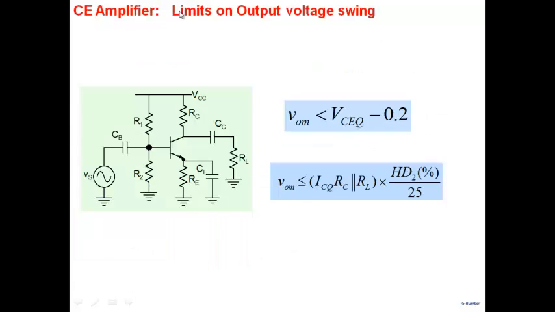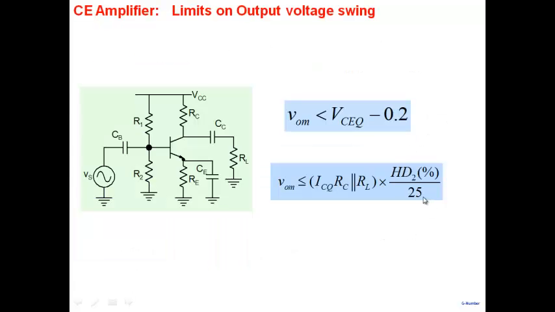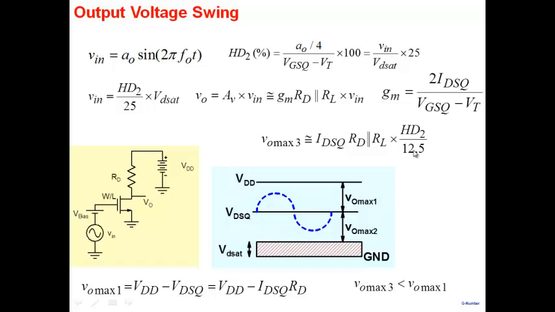Let me show you something that we had derived for bipolar. For bipolar, note that the swing determined by harmonic distortion was ICQ, RC parallel RL, HD2% by 25. Go back and see this swing here. ICQ, same as IDSQ. RC parallel RL, RD parallel RL, HD2 by 25, HD2 by 12.5. Why is there this difference, 12.5 versus 25? One is an exponential and the other one is quadratic.